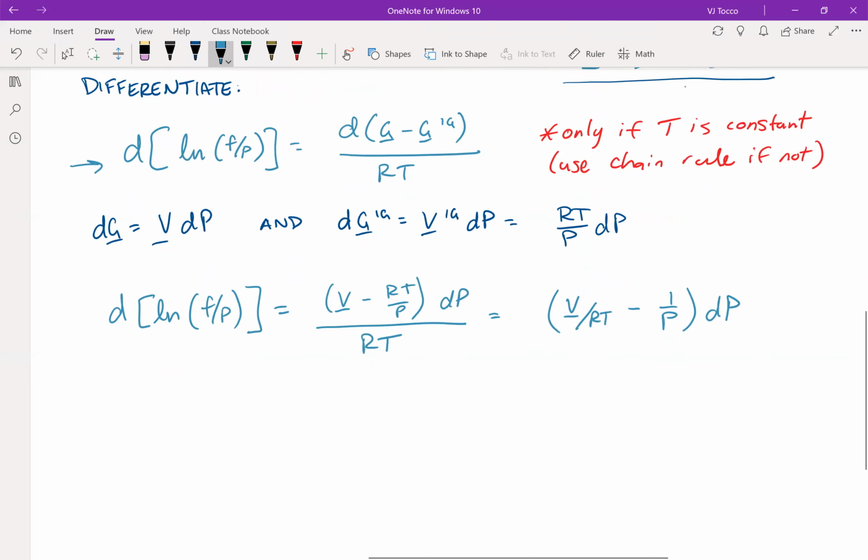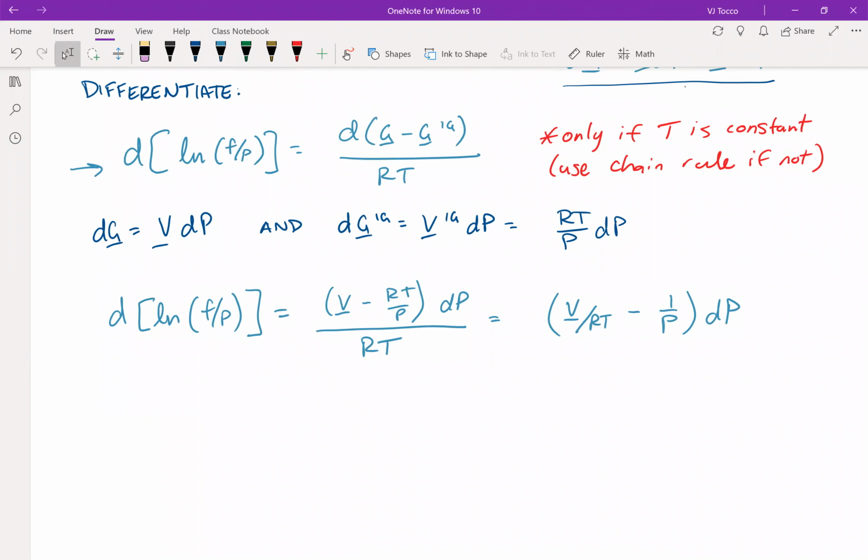Now we are to the point where we can integrate. So if we now integrate this such that we can get our change in ln of f over P term back, I want to integrate from the limits of P1 going to P2.